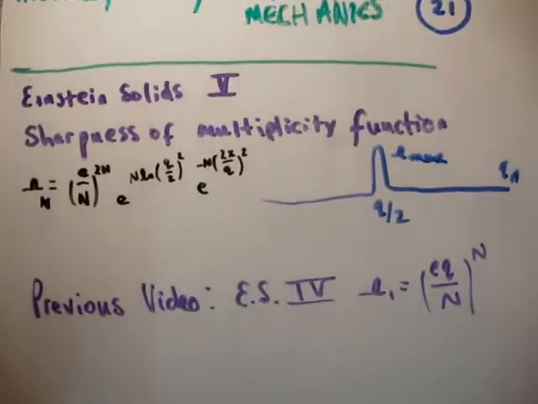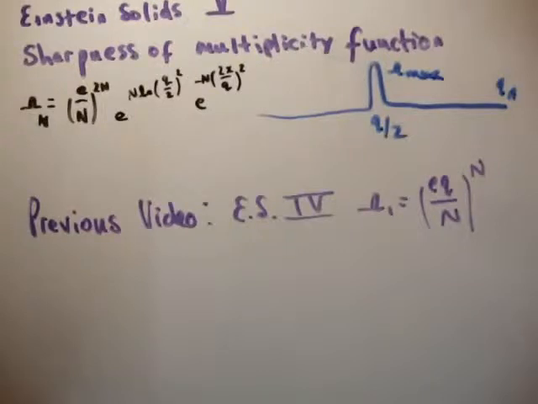Before we do that, I'd just like to point out that we'll be using many of the tricks that we used in the previous video number 4, and the reason that I'm going to do all these explicitly is because they are pretty standard techniques in evaluating systems. If we get a very general expression for the multiplicity function, we're not able to look at it and see its physical significance.